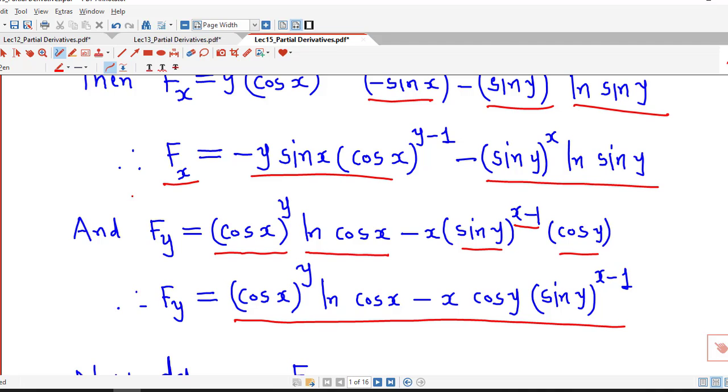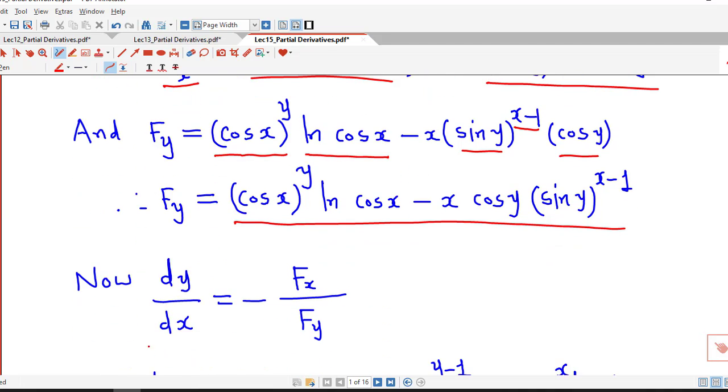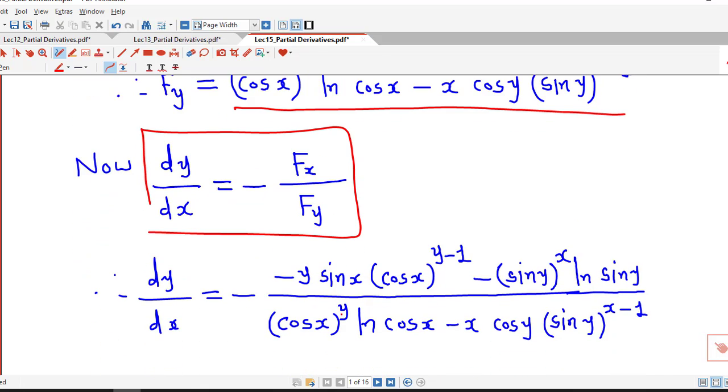So now we use the formula for implicit differentiation. As we know, dy by dx is given by this formula, negative of del f by del x over del f by del y. So we substitute the values of del f by del x and del f by del y in this formula.